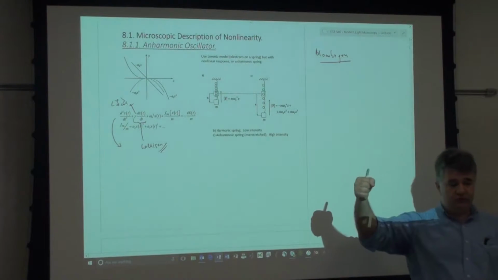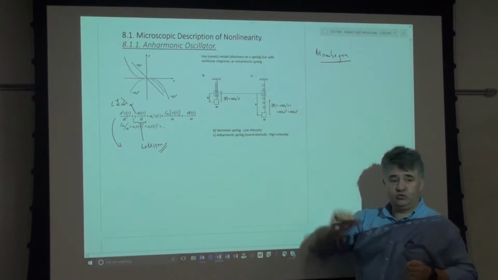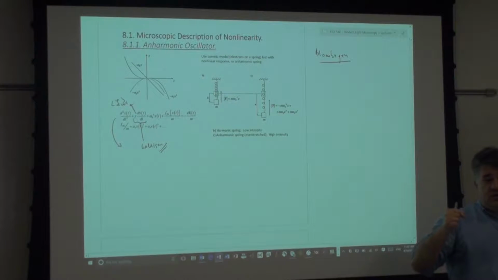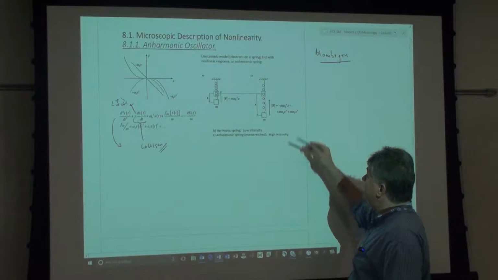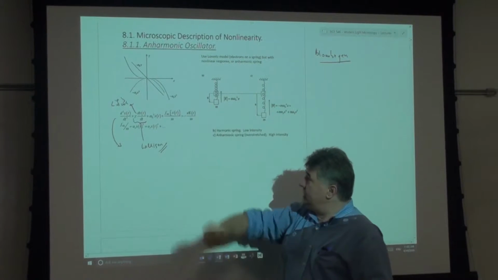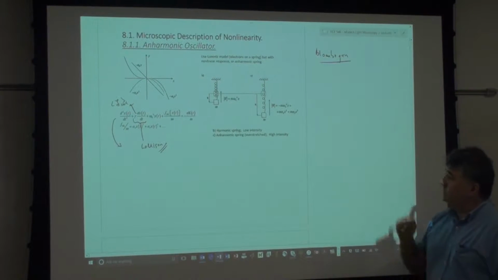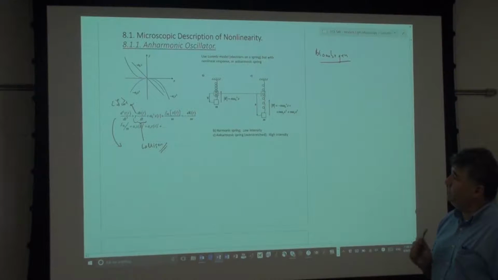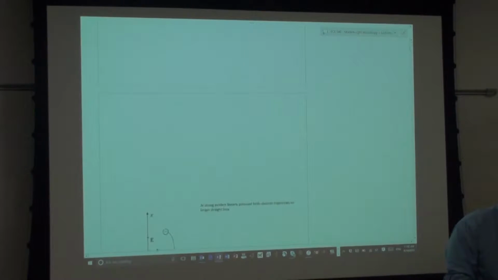So that's what happens when you stretch a spring too much. The elastic constant can go both ways, can be higher or lower. So you could get stiffer or less stiff.